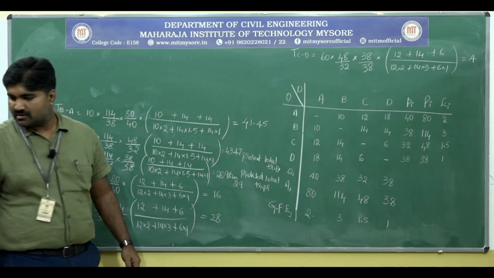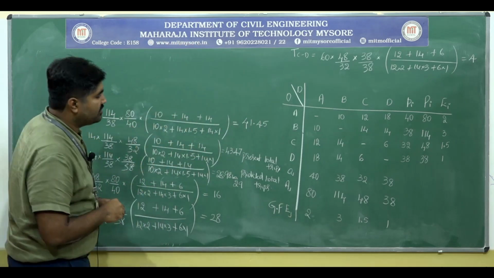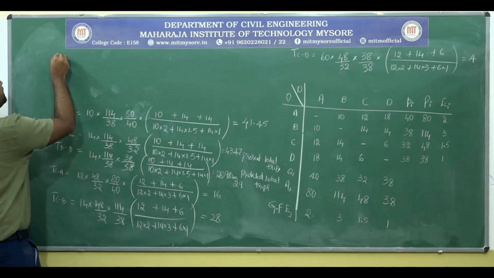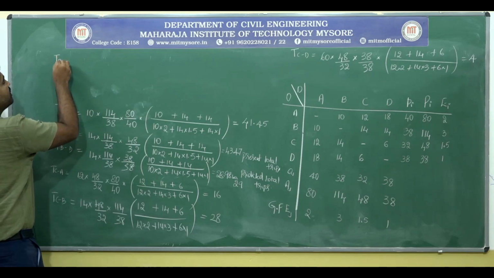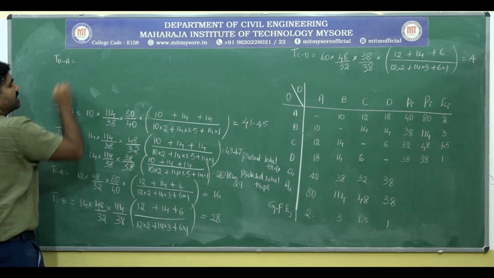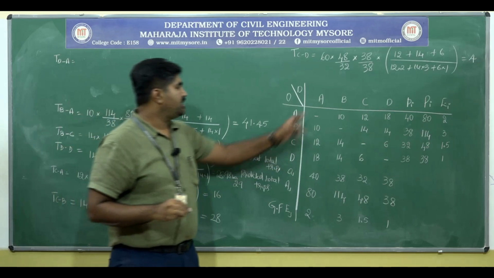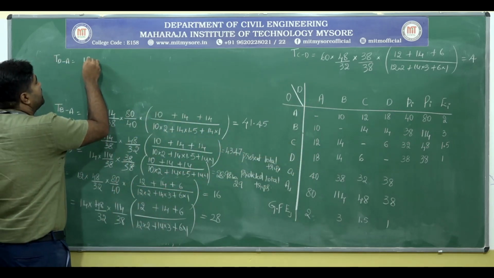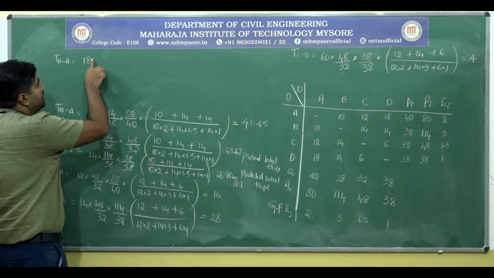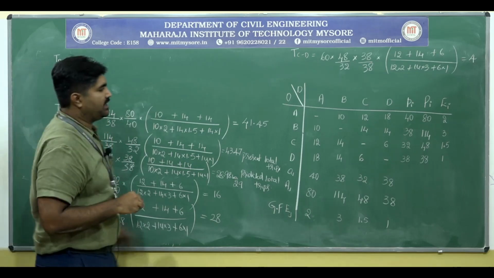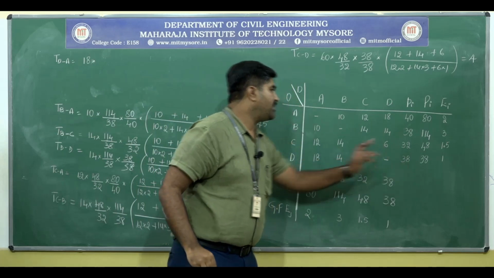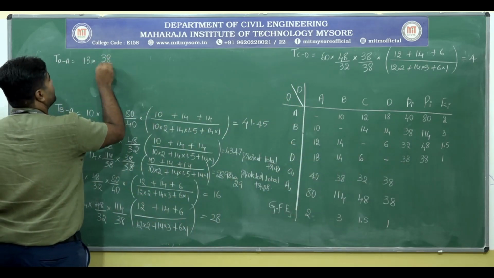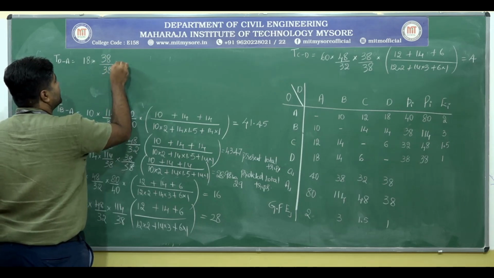substitute the values. Okay, next I am going to find trips between D to A. The trips between D to A, it is 18. 18 into capital PA into small pa, that is 38 divided by 38.